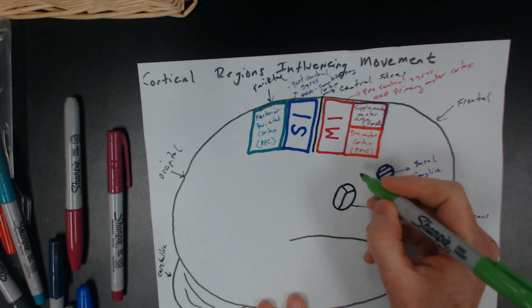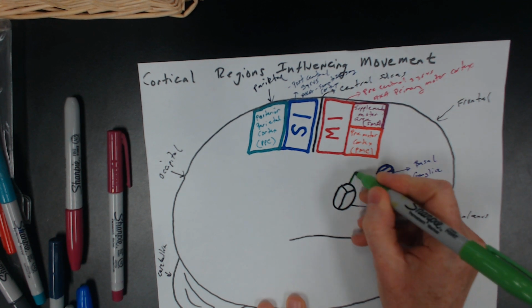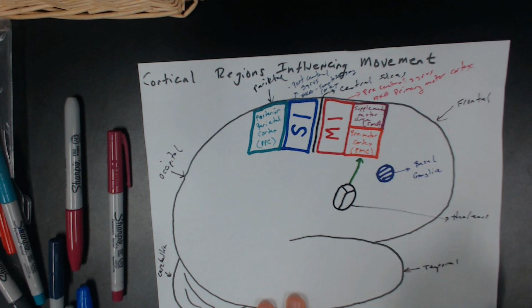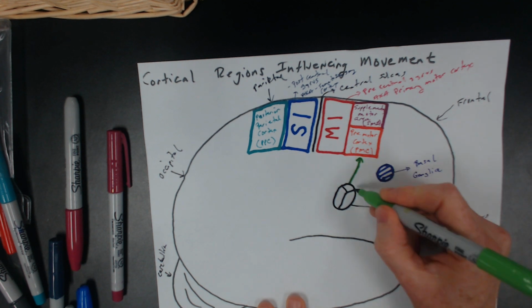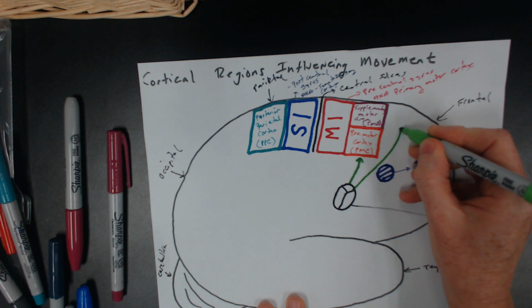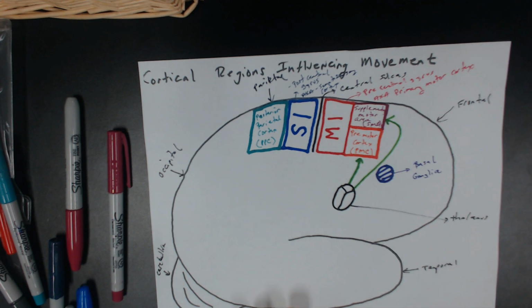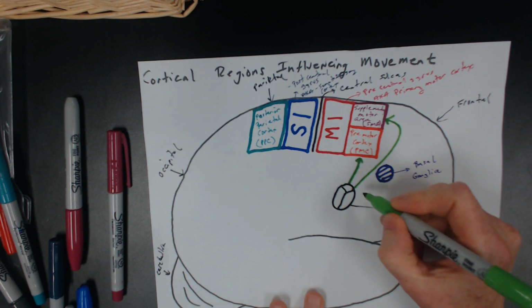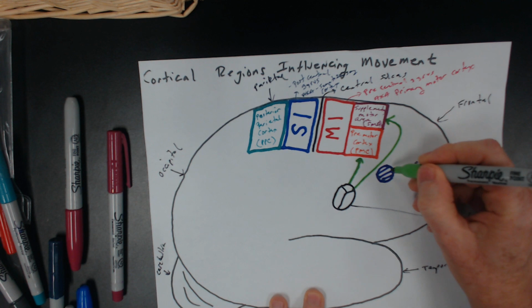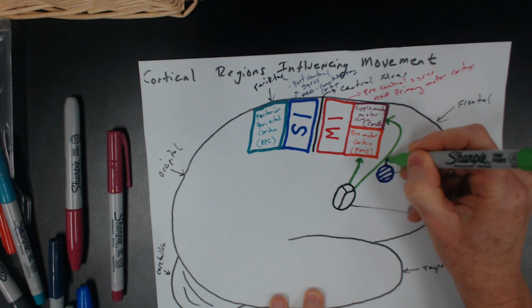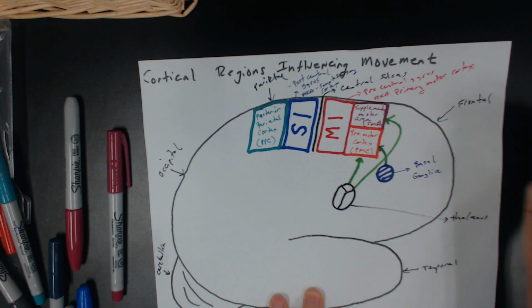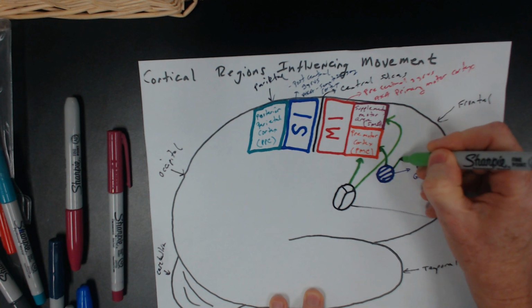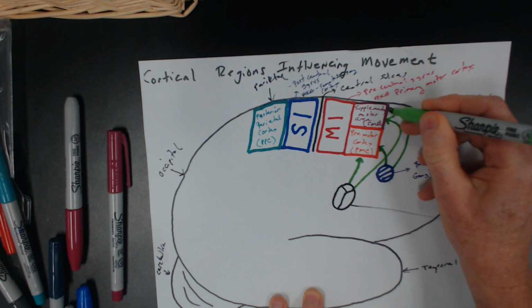So that information coming from the thalamus is going to feed into both the premotor cortex as well as the supplementary motor area, providing sensory information. And then you're also going to have the basal ganglia feeding information into both the premotor cortex and the supplementary motor area.